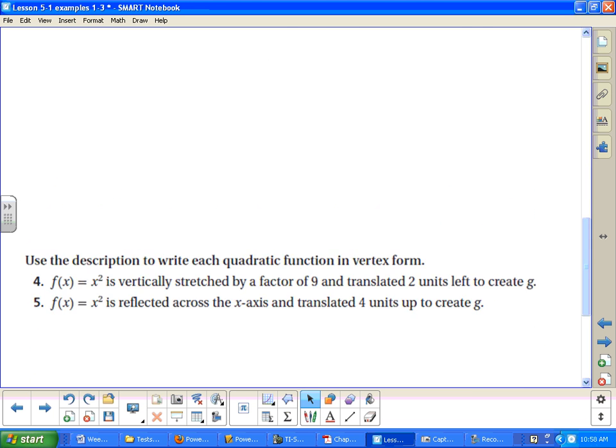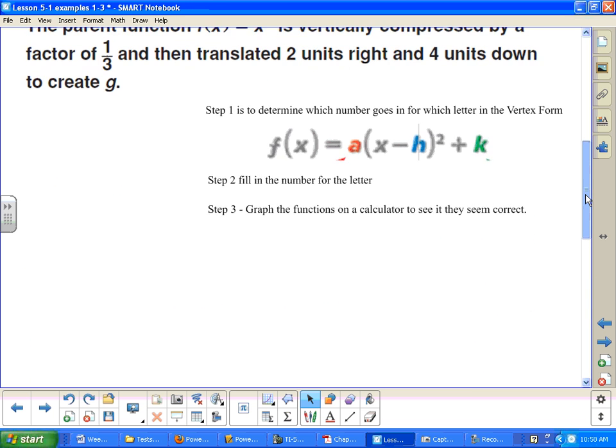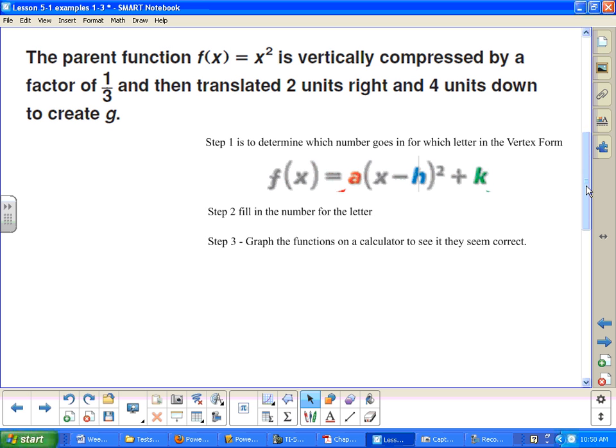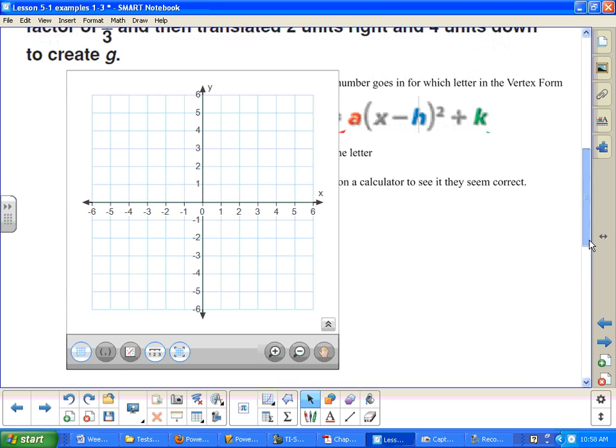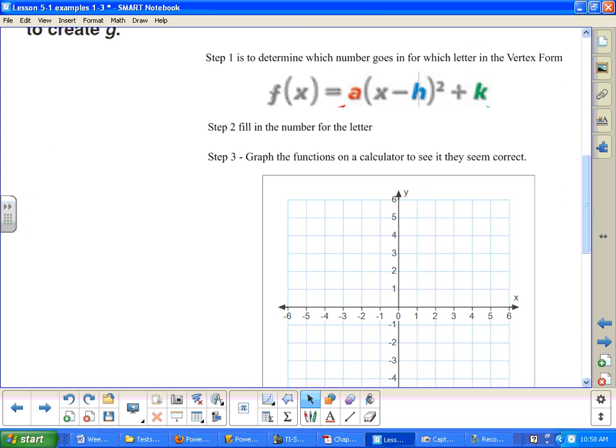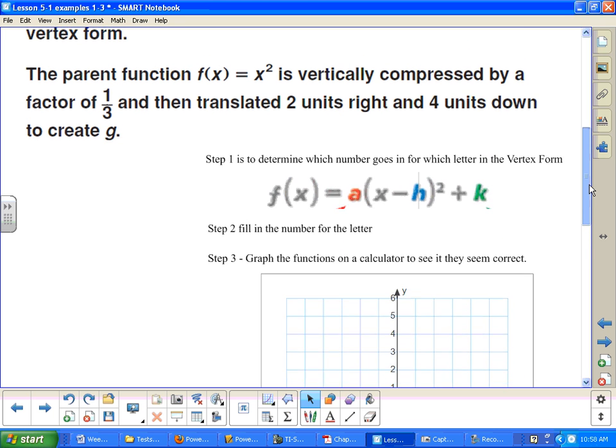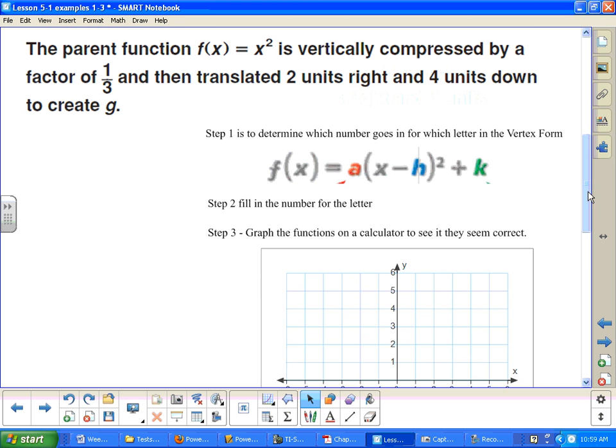I'll show you how easy it is to do a graph when it's in vertex form. Okay, so we want to take the parent function x squared. It's vertically compressed by a factor of 1/3, translated 2 units to the right, and 4 units down. So we've got 3 things happening.